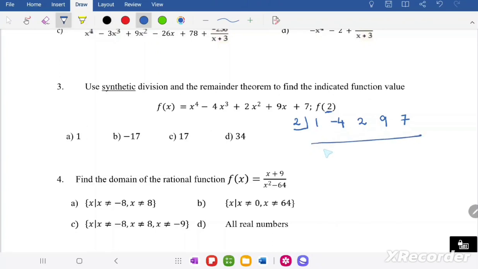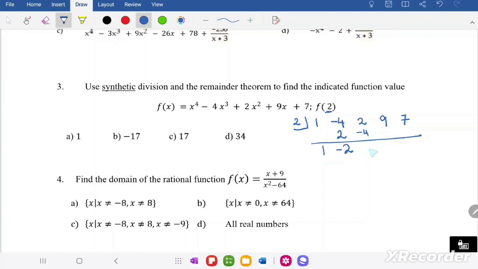Bring down the 1 first, all right, then multiply 2 times 1 is 2. I write the result under the second coefficient, which is minus 4, and add them. Minus 4 plus 2 is minus 2. Multiply minus 2 by 2, and we get minus 4.